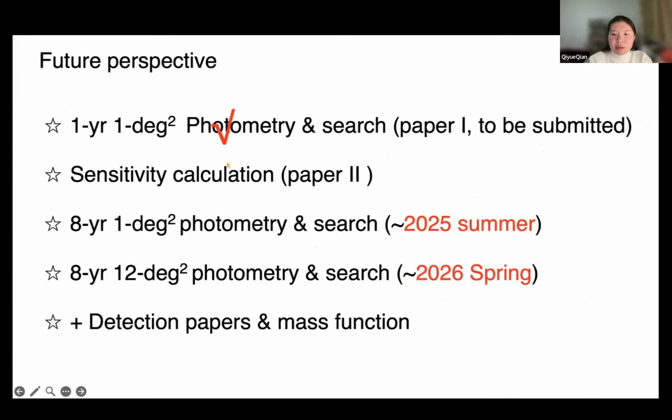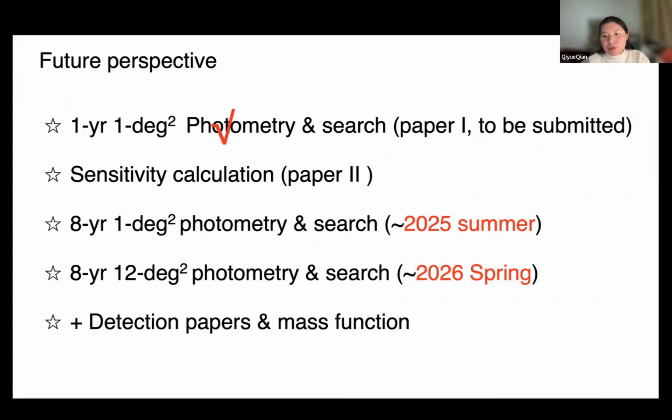Next, we will submit the results for this 1 year, 1 square degree field and calculate the detection sensitivity. In the future, we will reduce more fields and years of KMT historic images.